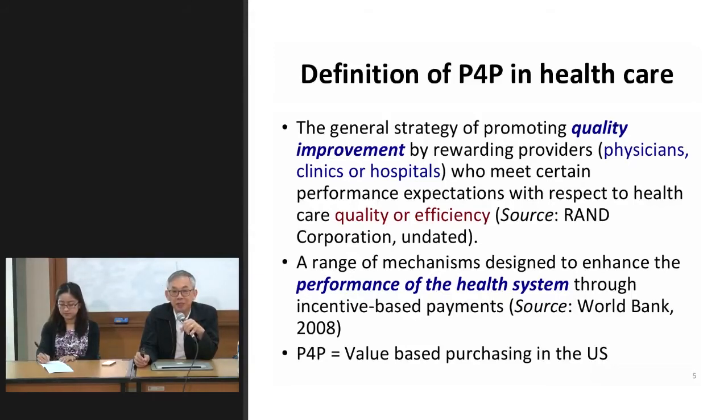P4P is rewarding providers, and the providers can be physicians, can be clinic, or can be hospital, or can be departments with everybody in that department. So this is rewarding the provider that perform to meet the expectation of the performance with respect to healthcare quality or efficiency.